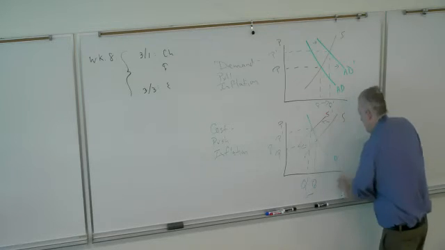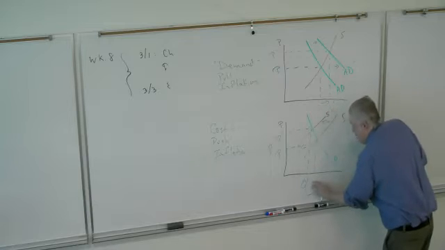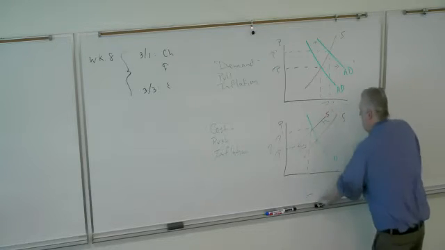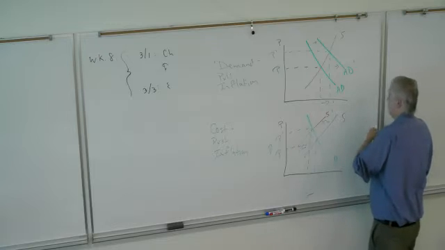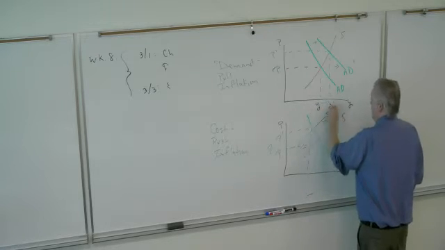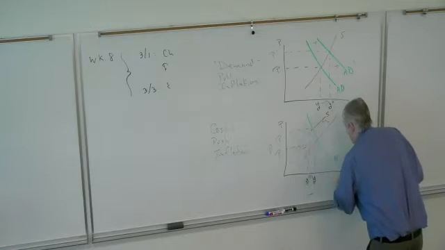And since we're talking about all goods and services in the economy, what we're really talking about here is not Q, but what is the value of all goods and services in the economy? It's GDP, isn't it? So we'll simply label that Y for GDP, and Y in this case is going from Y to Y prime.